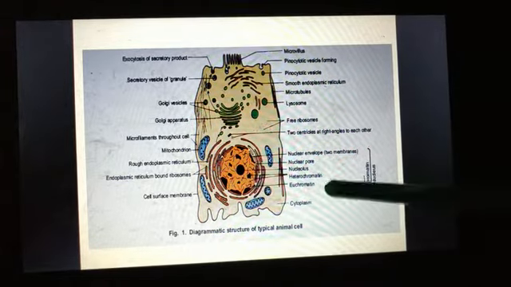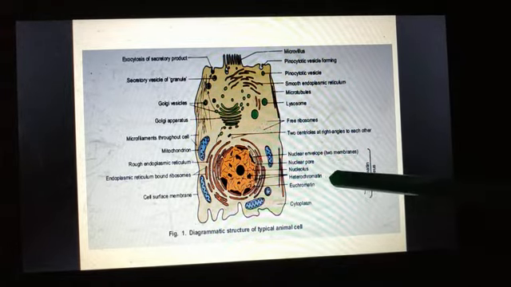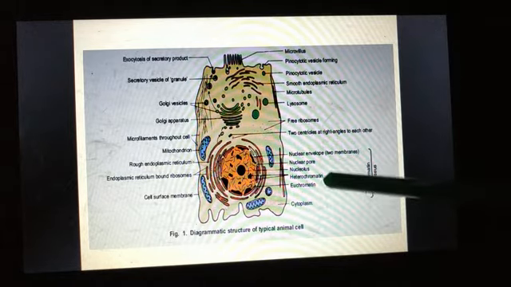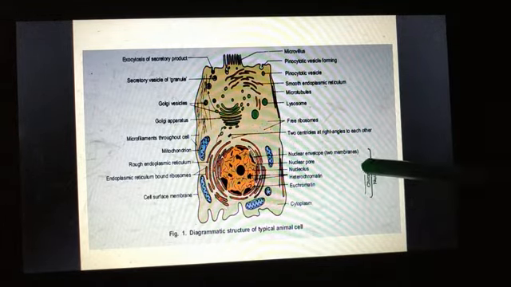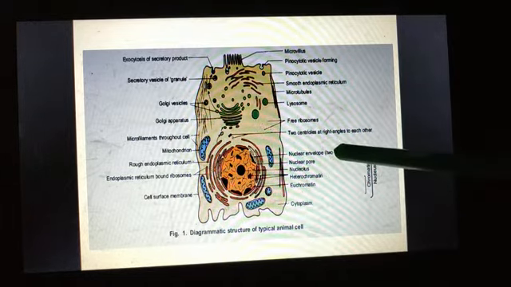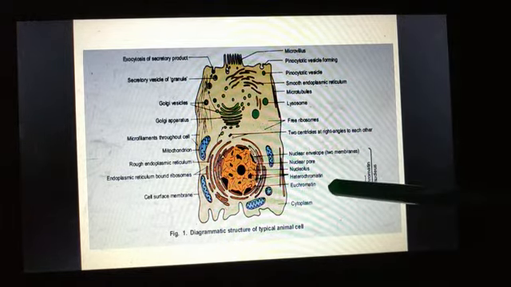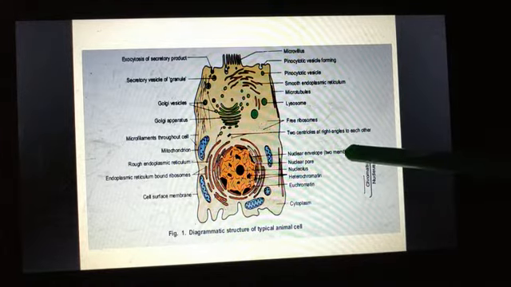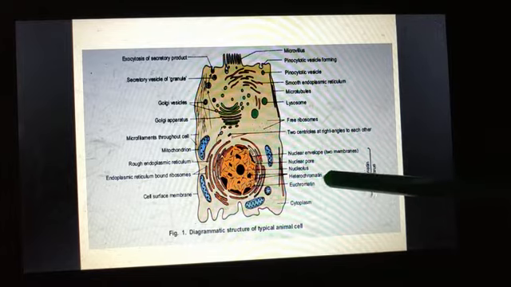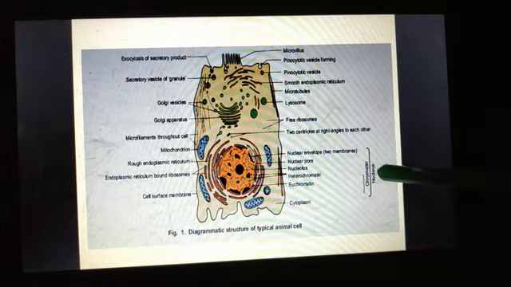One is heterochromatin, another is euchromatin. These two together we call chromatin. Now all this nuclear component we call the nucleus. Nuclear envelope, nuclear pores, nucleolus and the chromatin together we call the nucleus.